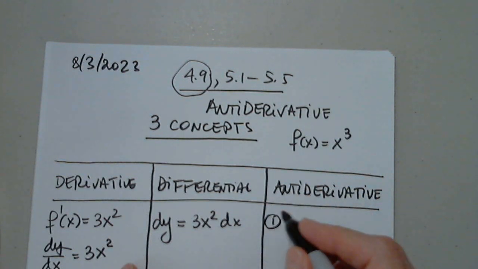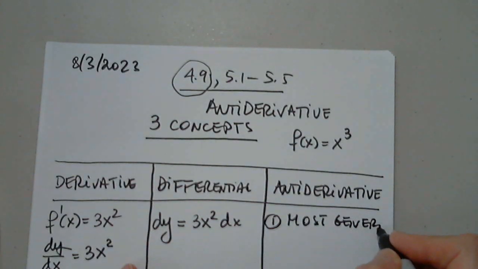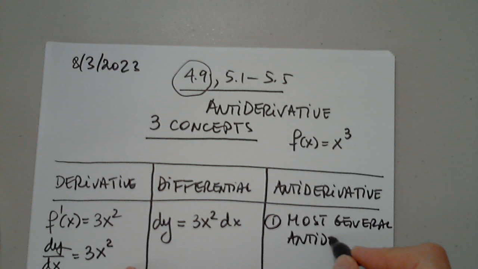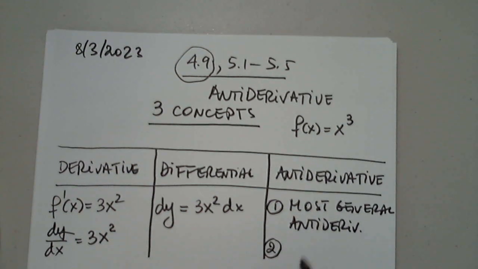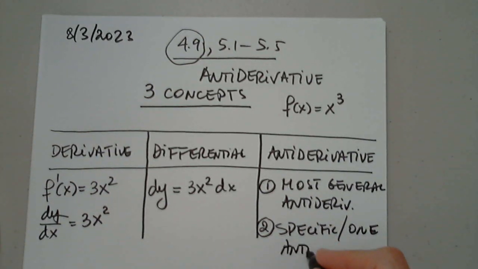One called the most general antiderivative. And the second concept is specific, or one antiderivative.